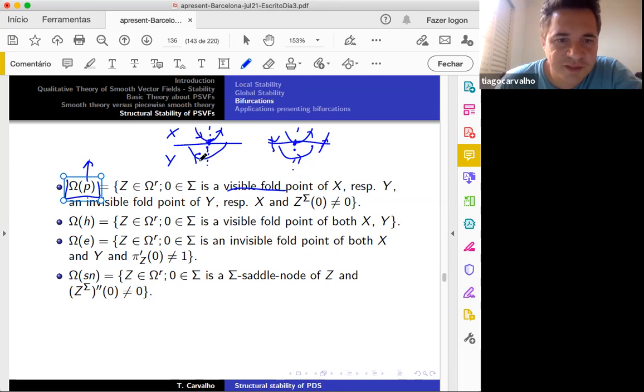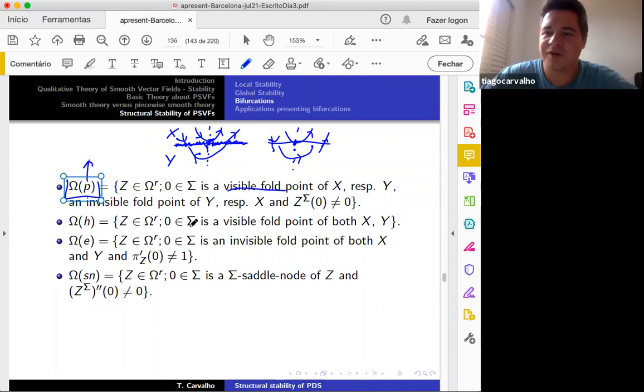But if the orientation of the two smooth vector fields are in a positive sense, so at both sides we don't have crossing regions, and we have to look at what's happening here. But here on one side we have a sliding vector field, and at this side too we also have a sliding vector field.